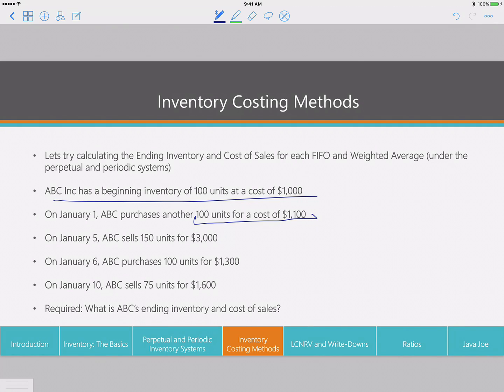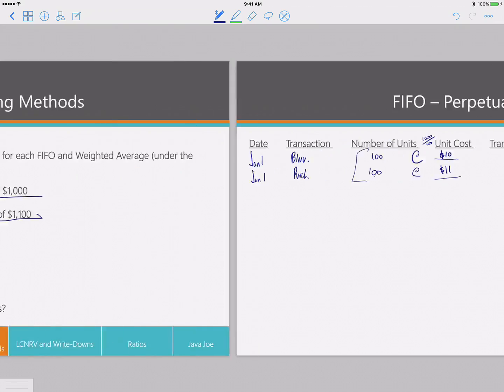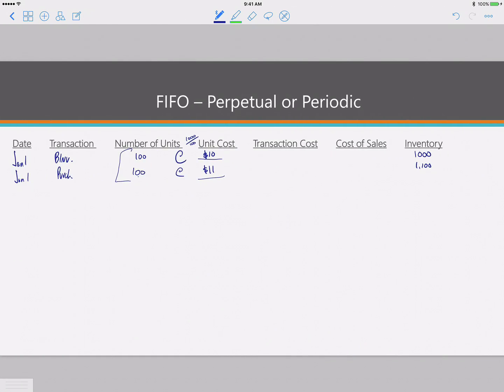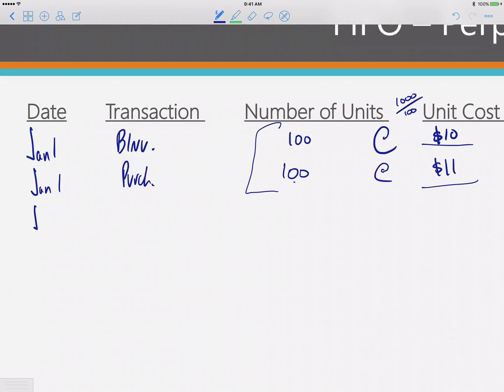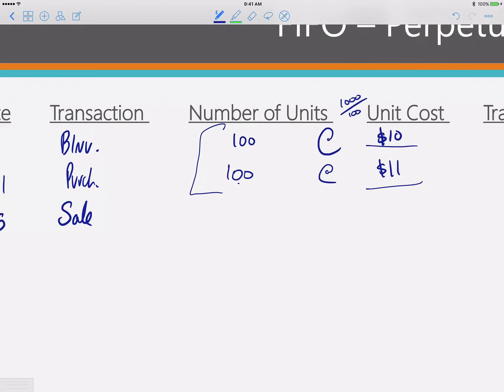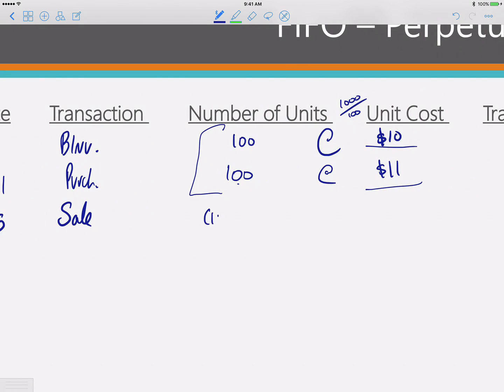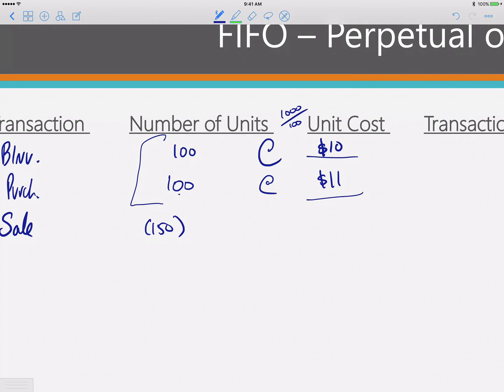So our next transaction, we sold 150 units. So let's do that transaction. On January 5th, we had a sale. Now we sold 150 units. However, what we need to do now to figure out the cost is go back to what we have in our inventory, and we're going to sell through it in the order we purchased it.